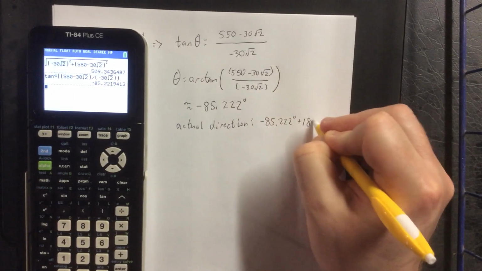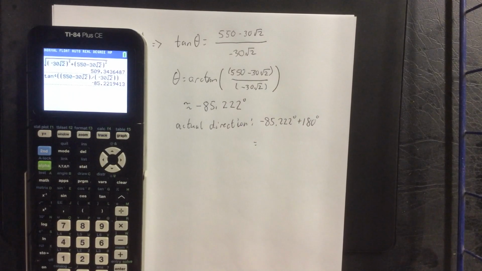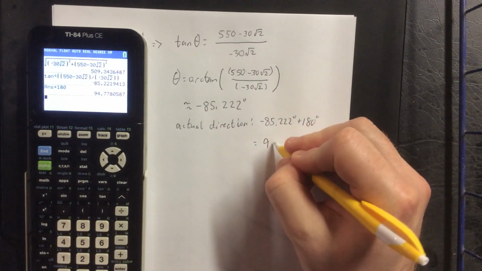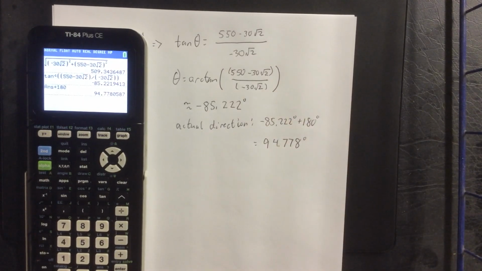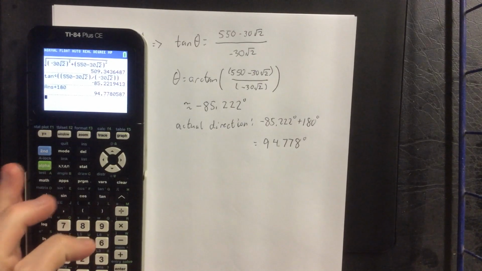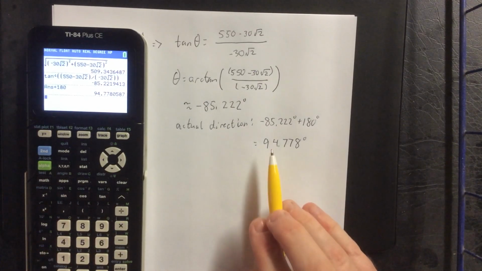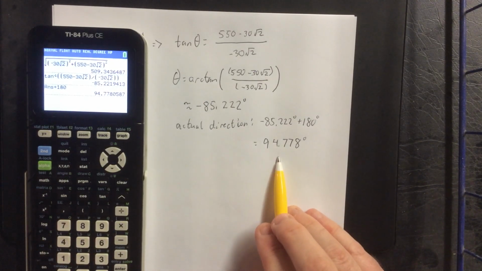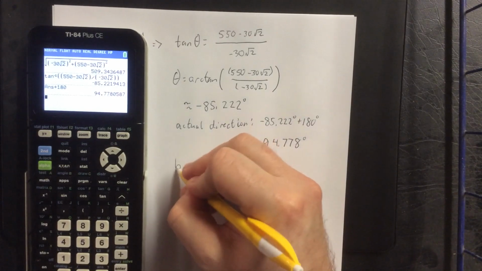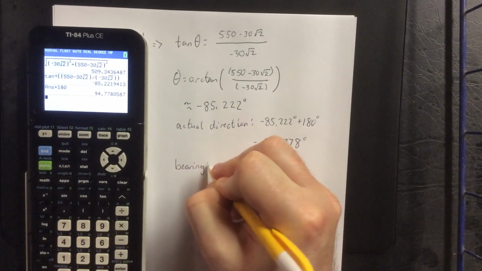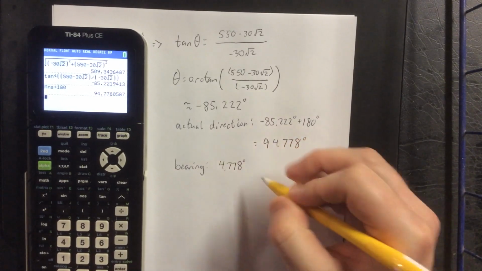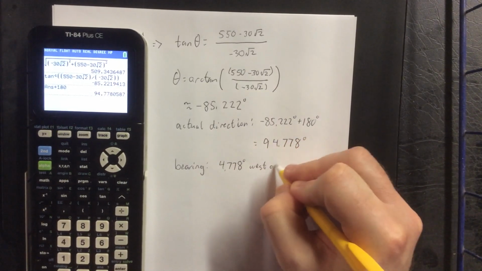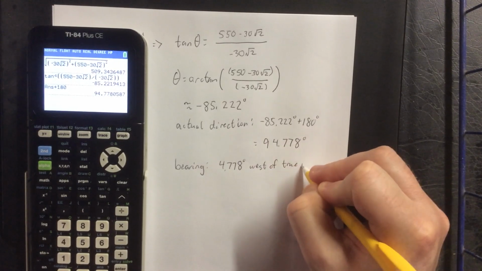We'll add 180 degrees to that. So adding 180 degrees to our answer gives us that it's approximately 94.778 degrees. Now, the actual interpretation of that, 90 degrees, is due north. This is slightly west of due north. So I would refer to this as a bearing of 4.778 degrees west of true north.